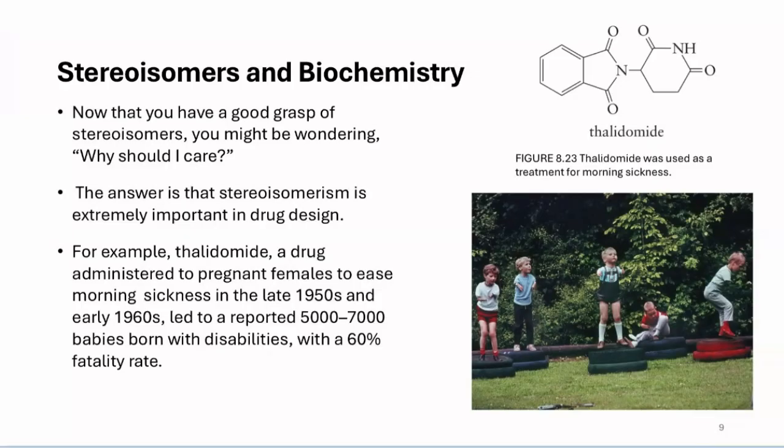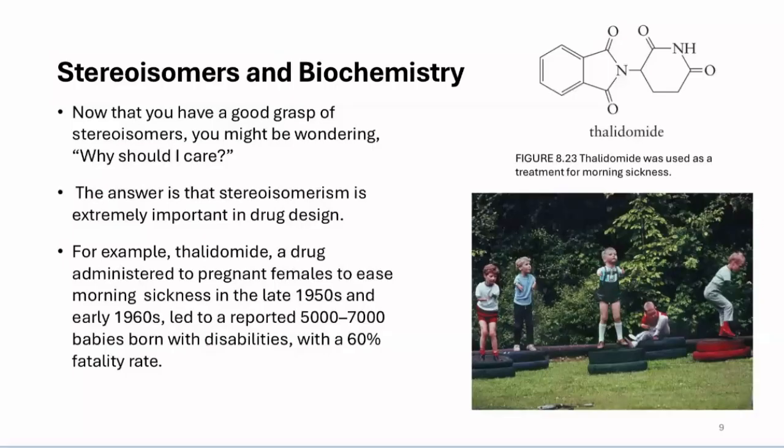I want to give you an example of how, because scientists were not really paying attention to stereoisomers, they really affected a population of women and their children. I want to give you the example of thalidomide.